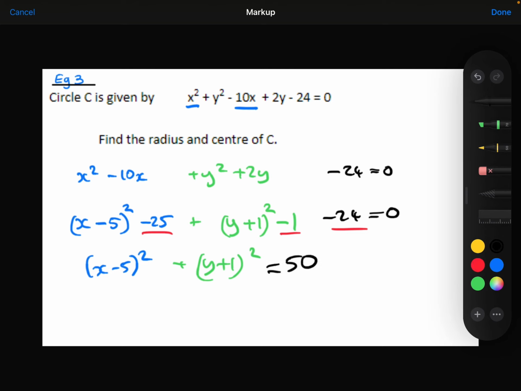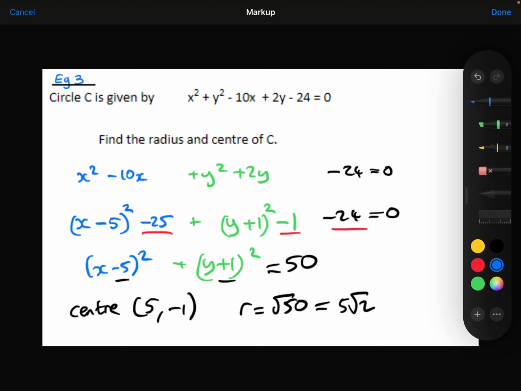And now I can say that the centre of the circle is positive 5, negative 1, and the radius of the circle is going to be, well, I know the radius squared is 50, so the radius is going to be root 50. Or I could simplify that to be 5 root 2.